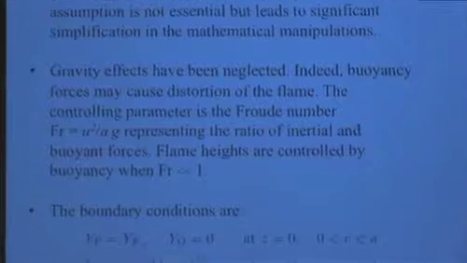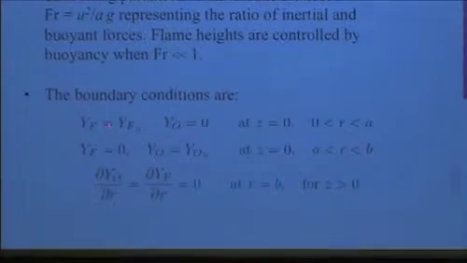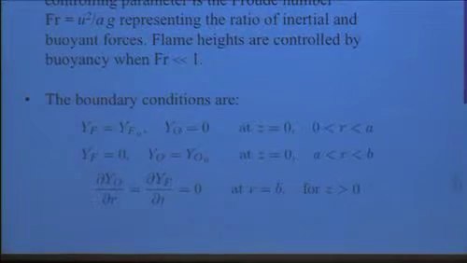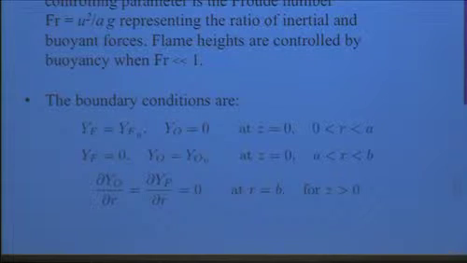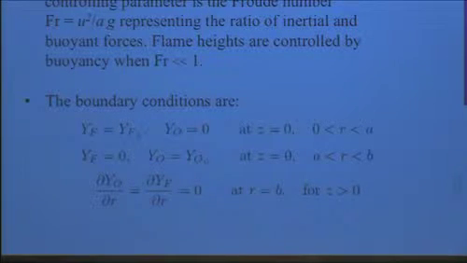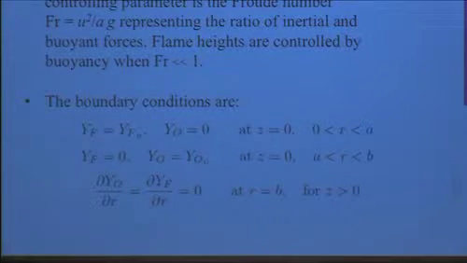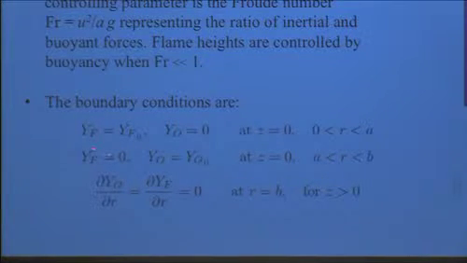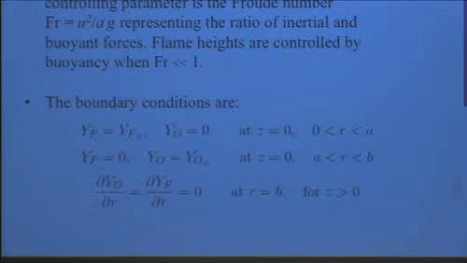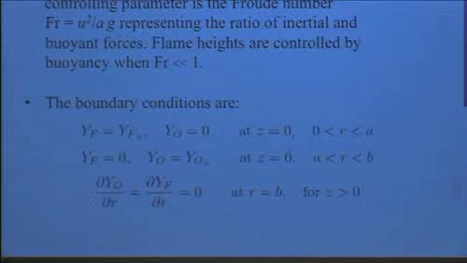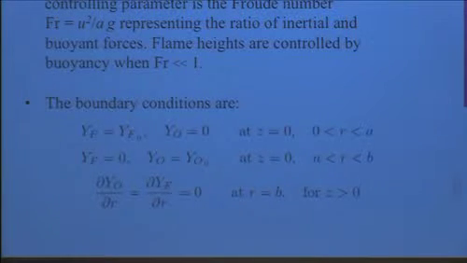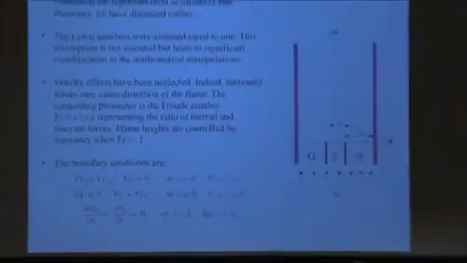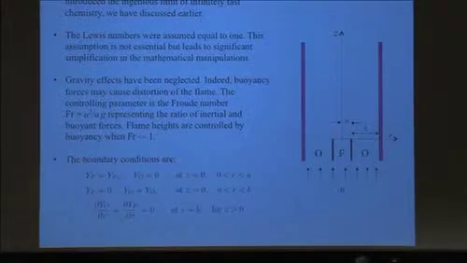Now, the boundary conditions are going to be simple like this: in the inner cylinder, there is fuel but no oxidizer. In the outer cylinder, there's oxidizer and no fuel. And then there is no penetration or no flux through the walls, which I have shown here in these two purple solid lines.